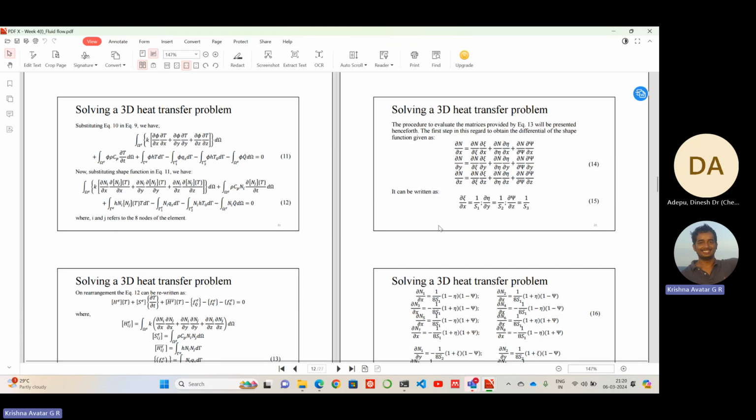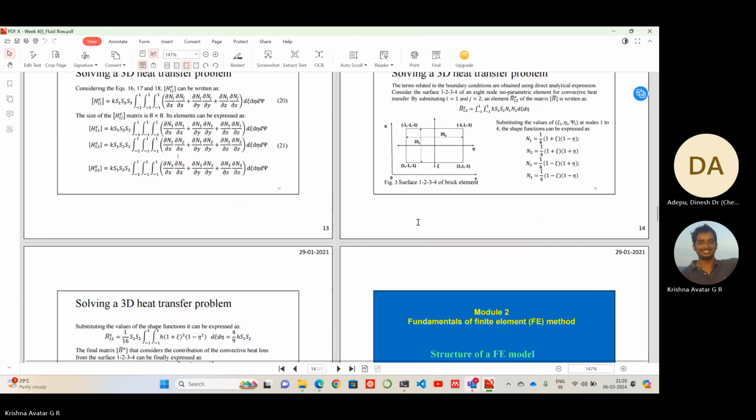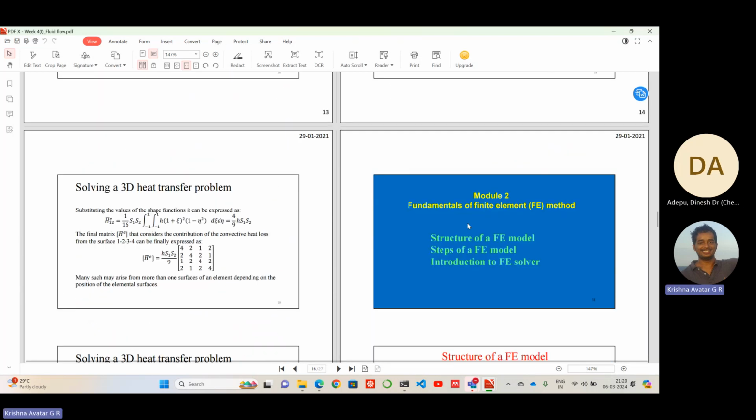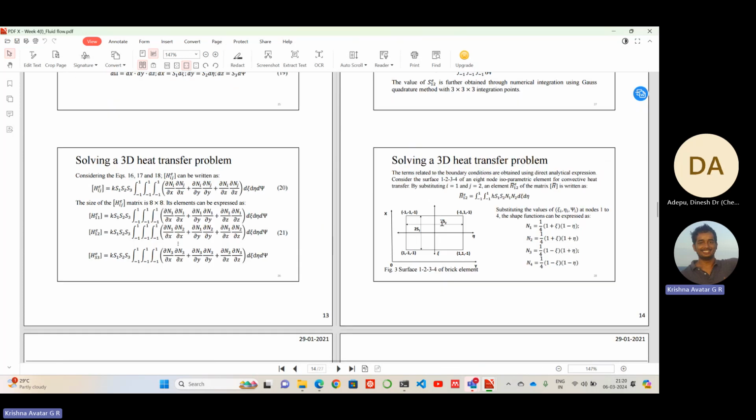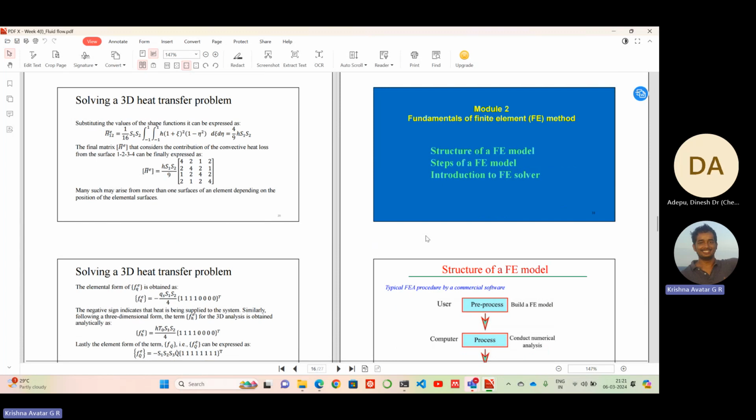It becomes 1, and at other nodes it will always be 0. So this is how we define it. We still follow the same thing, we just multiply. If it's a 2D problem, we multiply the shape function along x with the one along y, and say it will be half and half. So half into half is 1/4.